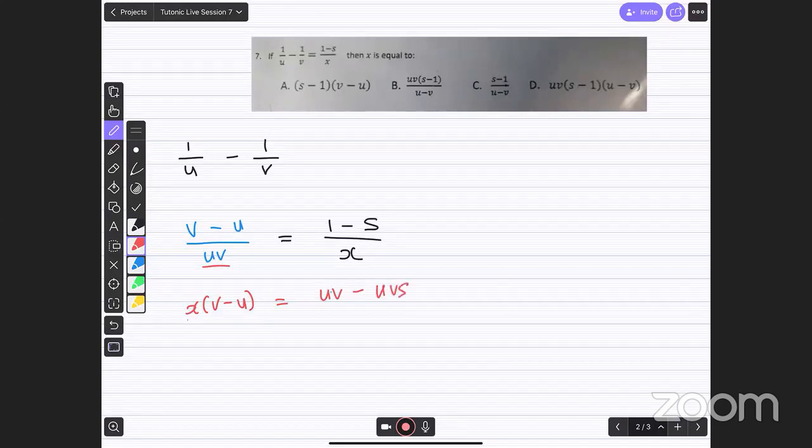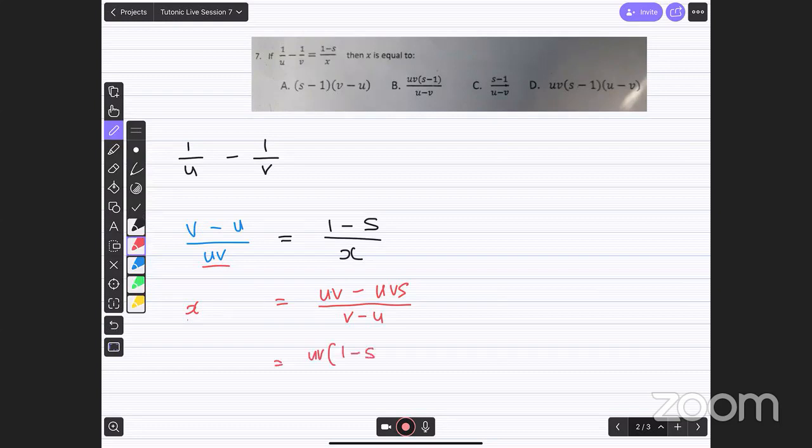Okay, great. And then you divide both sides by v minus u. And then you take out the uv on top, and then you have uv into 1 minus s. And that will give you the second option. Does it?